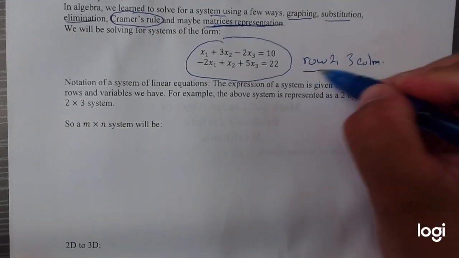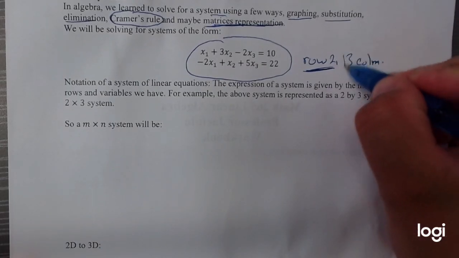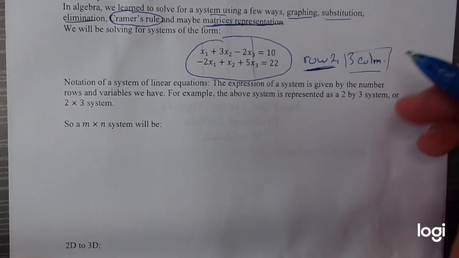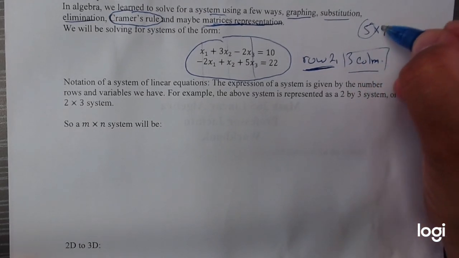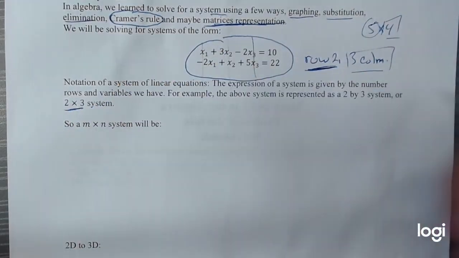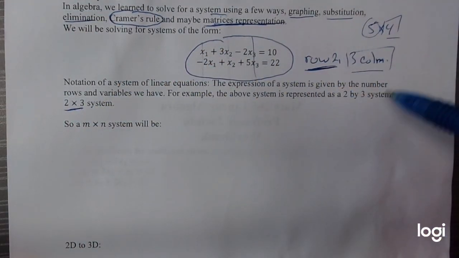So the number of rows represents the number of equations we have, and the number of columns tells us how many variables we have. If you have a 5 by 4 system, that's saying you have 5 equations and 4 different variables. Rows always come first, so the number of equations always comes first, then the number of variables.